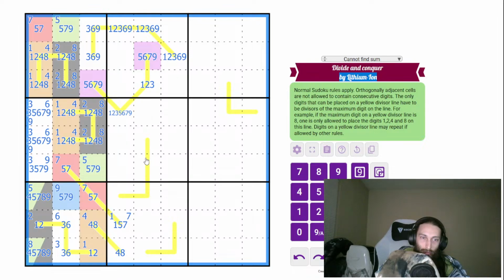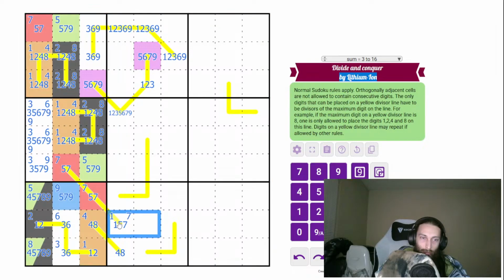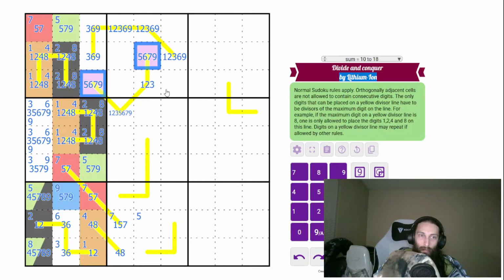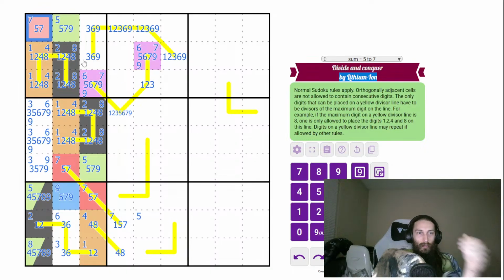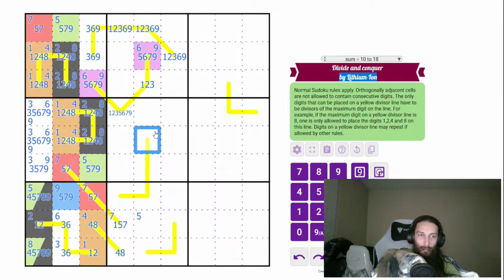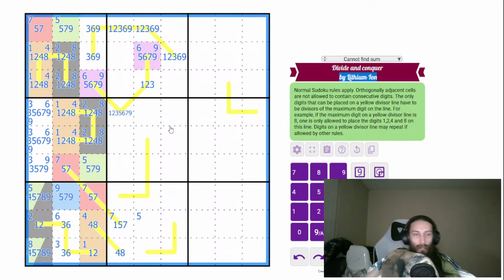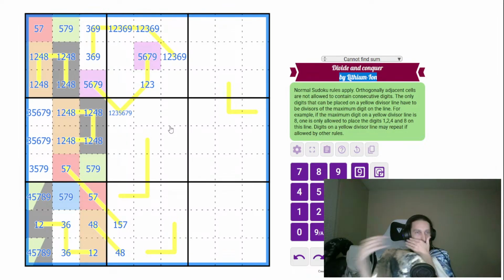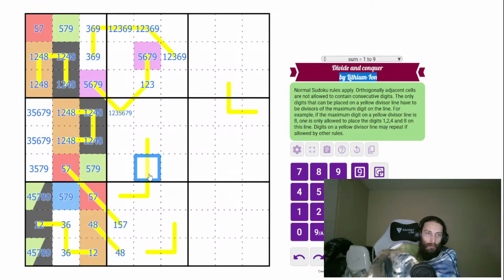Doesn't seem to get us far enough. No. Although these two would have to be a 5-7 pair, so this would actually be 7 and 5. And 5 would take out 6 and 9. 7 is an option.